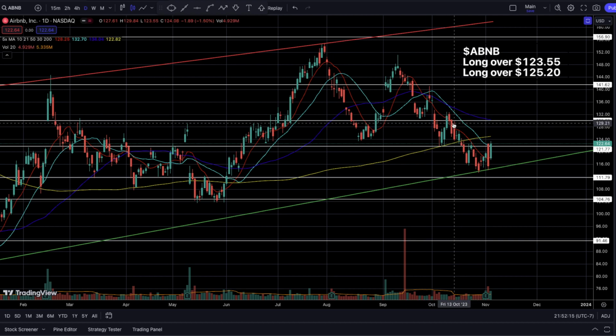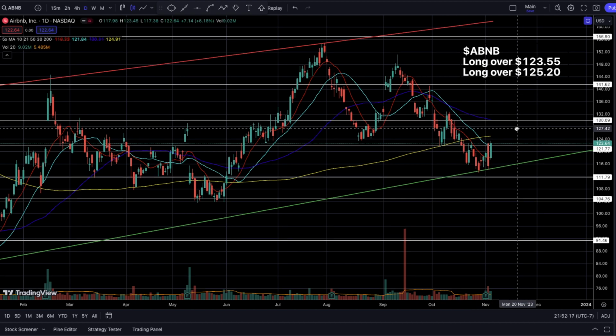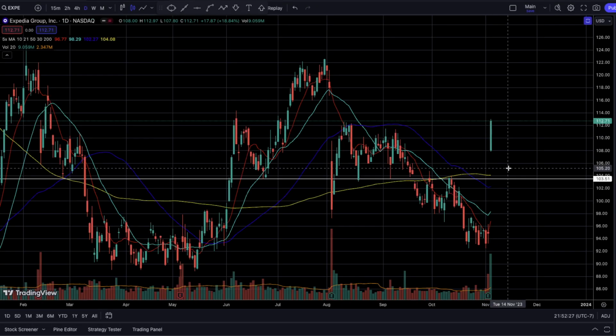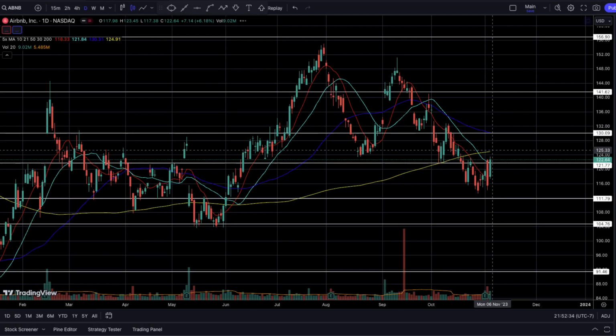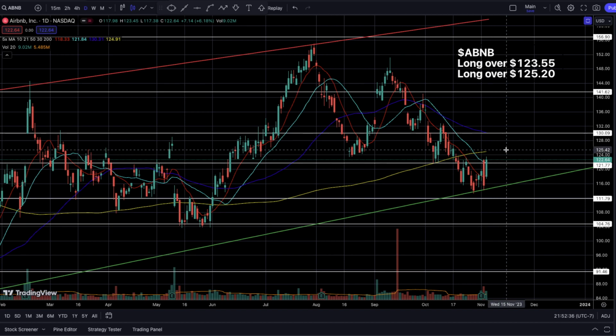So, again, for Airbnb, Friday's move was really, really good too, based on how its counterpart Expedia reported and reacted. So thanks to EXPE, or Expedia Group, Airbnb was able to finally have the quote-unquote correct reaction to its earnings report.